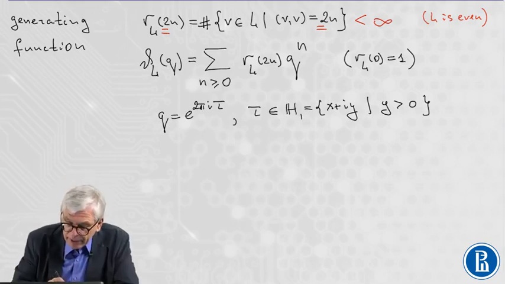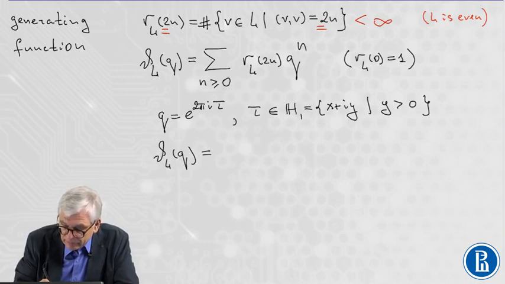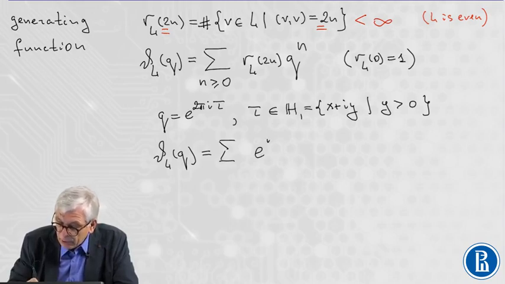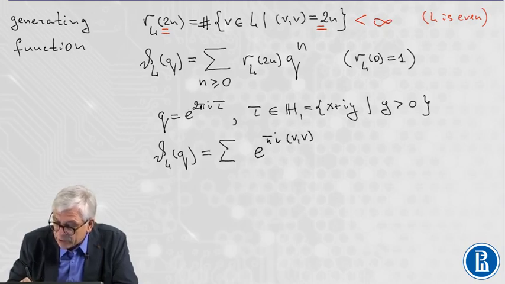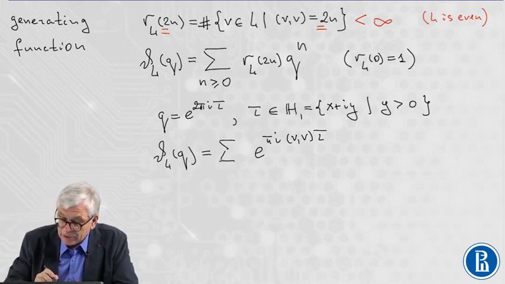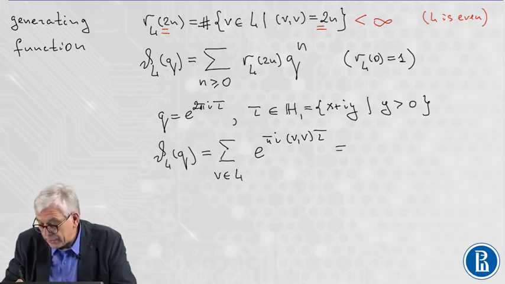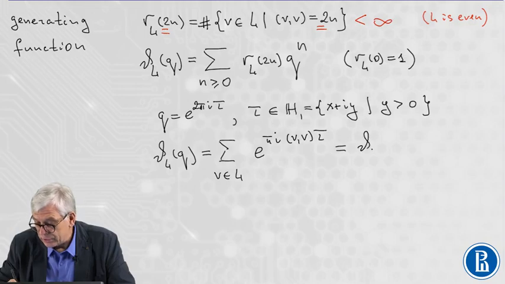And we have the following expression for the same generating function: the sum of e to the power pi i (v,v) tau, where the summation is taken over all v in L. Another notation for the same function is theta_L(tau).